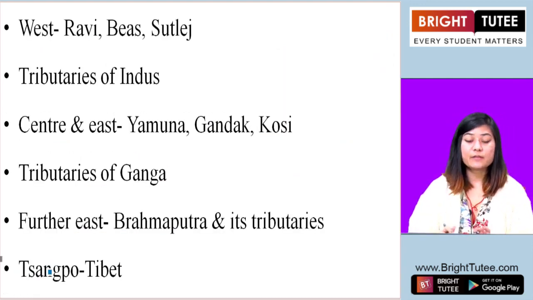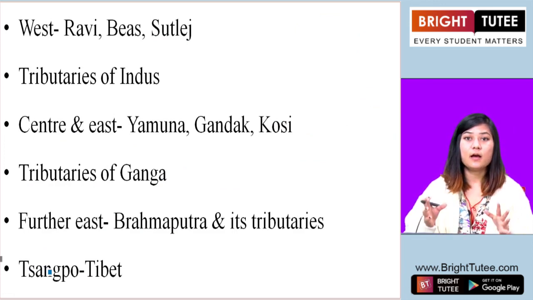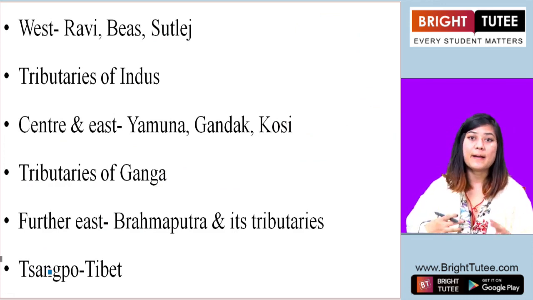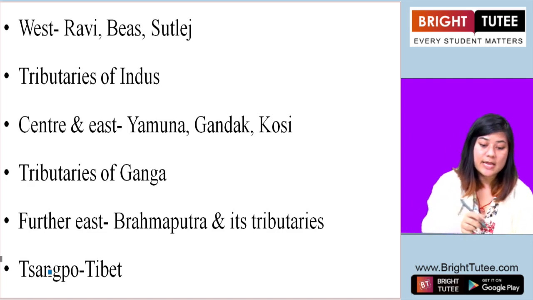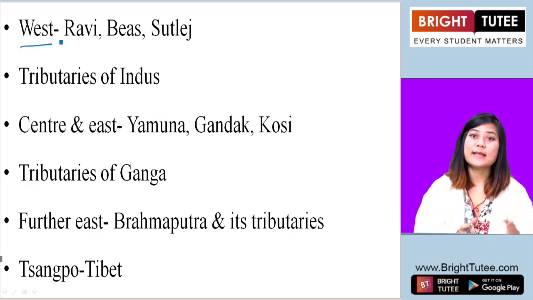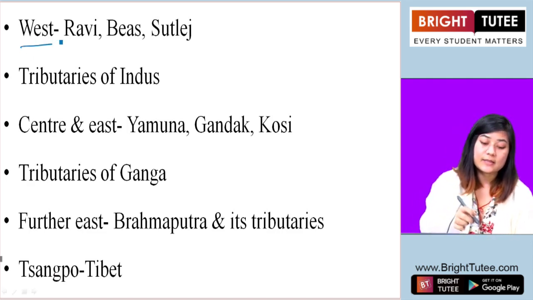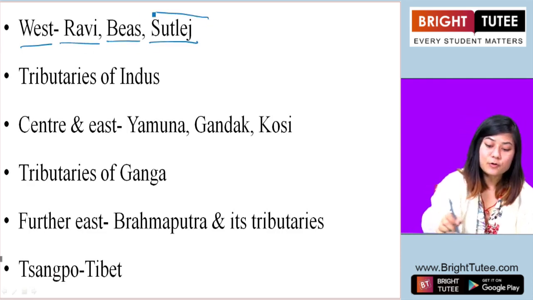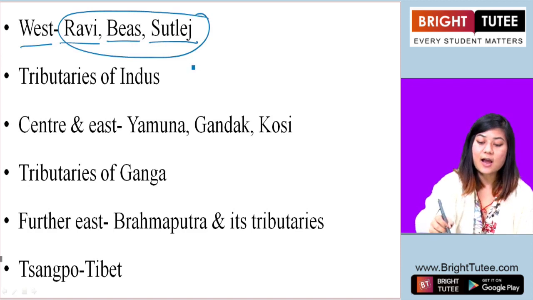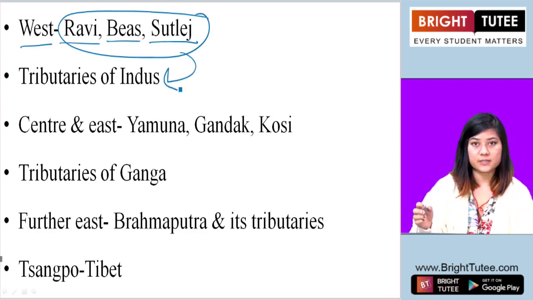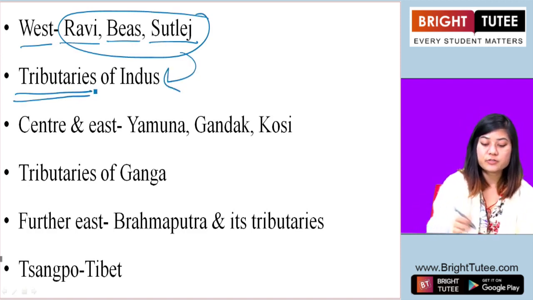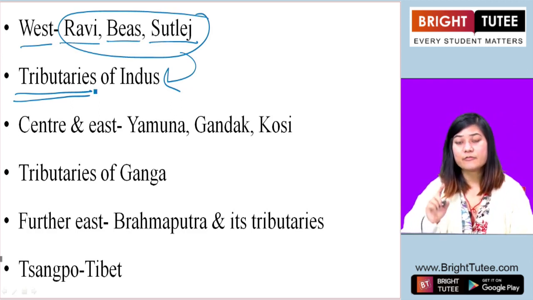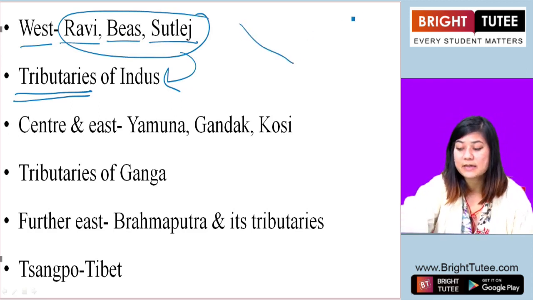Now this plain, if you look at it, is again bordered by various rivers. In the west, the rivers that border this plain are Ravi, Beas and Satluj. Now if you look at these rivers, they are tributaries of Indus. Now what are tributaries? Tributaries are rivers which join the main river.